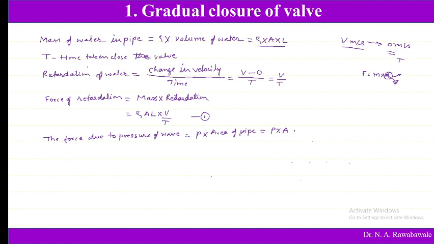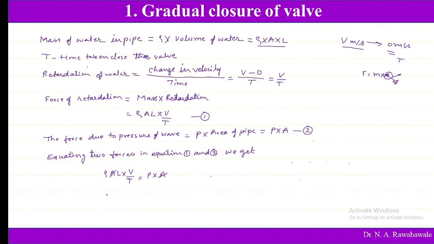Now the force given in equation 1 and this force in equation 2 must be the same. The force of retardation and the force created because of pressure intensity must be the same. Therefore, equating the two forces, that is the force of retardation and the force due to the pressure wave, forces in equations 1 and 2, we get rho AL into V divided by T, which is equal to P into A. Now if we see this equation, A is there on both sides, so A gets cancelled.